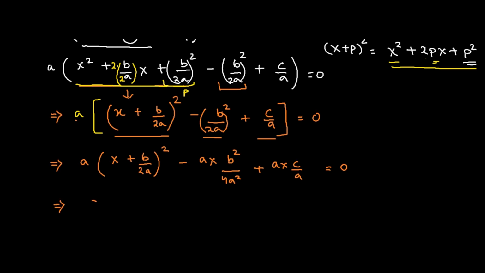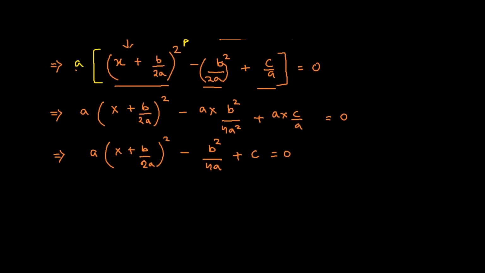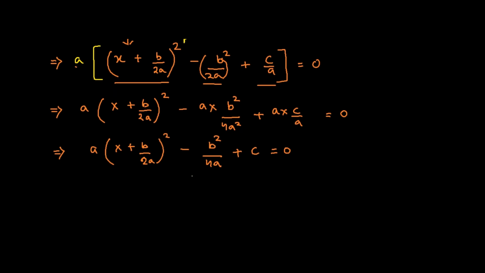Now you can write this as a times (x plus b over 2a) whole square minus b square over 4a plus c equals 0. Now if we take these two terms to the other side, what do you obtain?